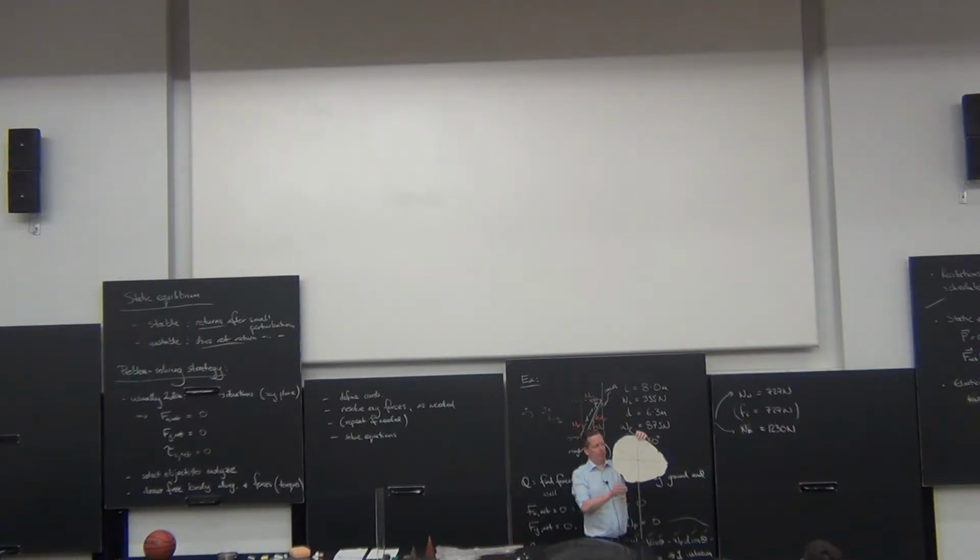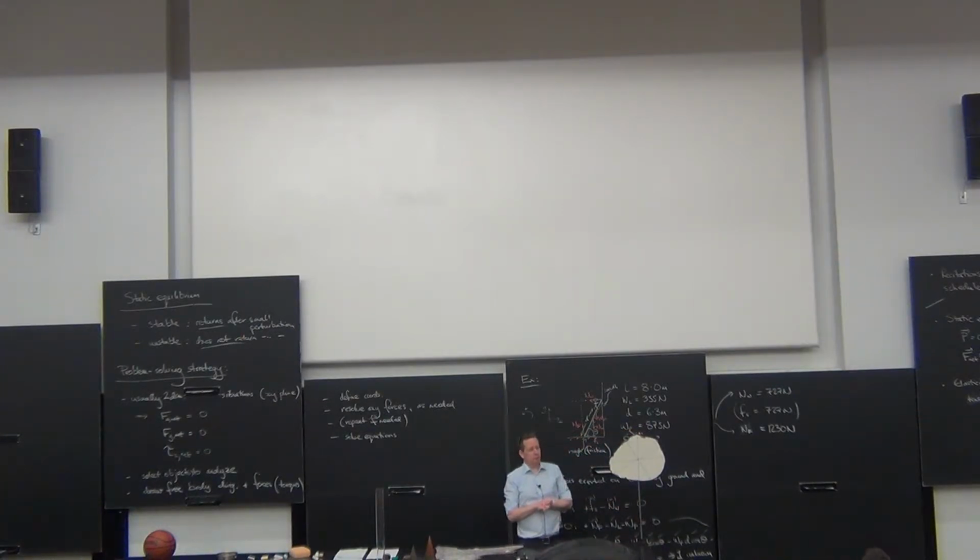Now I can easily do this about another random point. Looks like this got busted up at some point. Here's another one. Hanging it here now, the same arguments apply. Once this comes to rest, the vertical line down must pass through the center of gravity because there's no net torque on either side.